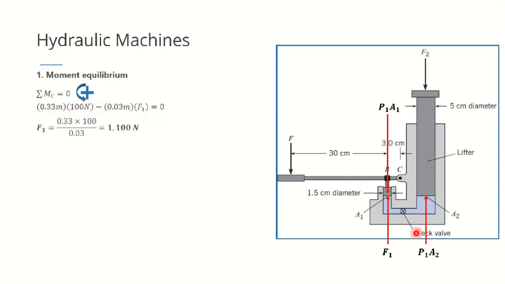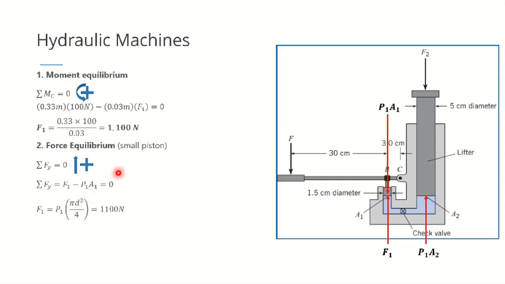Now, yung force F1 natin is pataas. So, clockwise siya. Kaya siya negative. And yung distance niya from C is 0.03 meter. And so, equate natin yung 0. Malalaman natin na ang F1 ay 1,100 Newton.